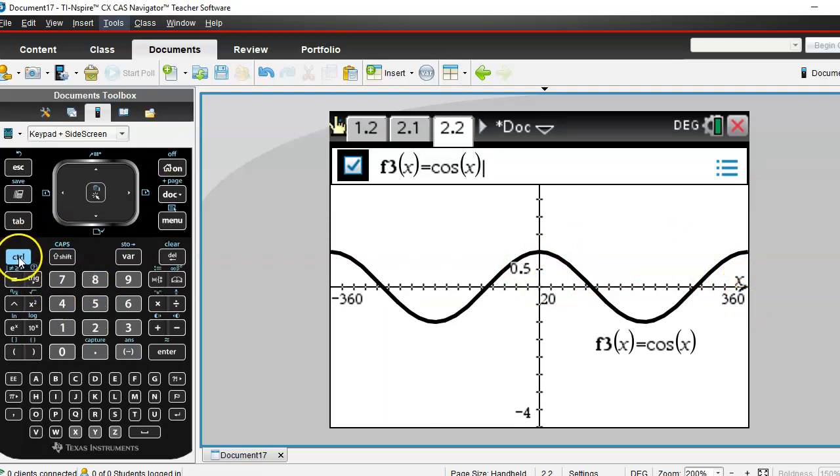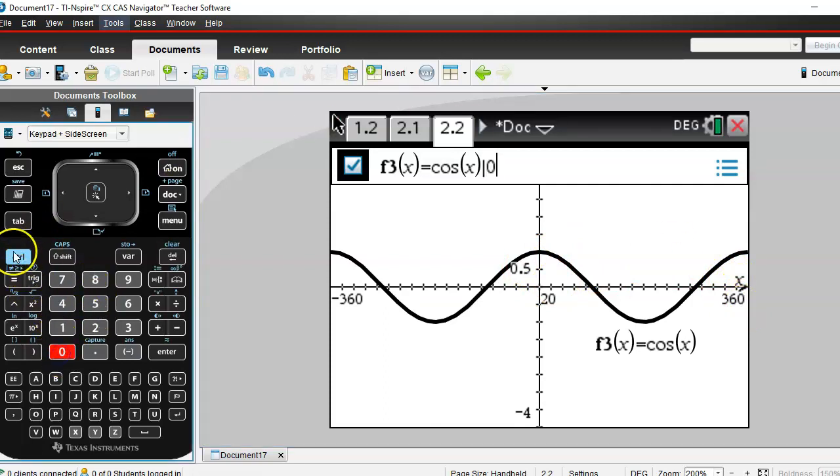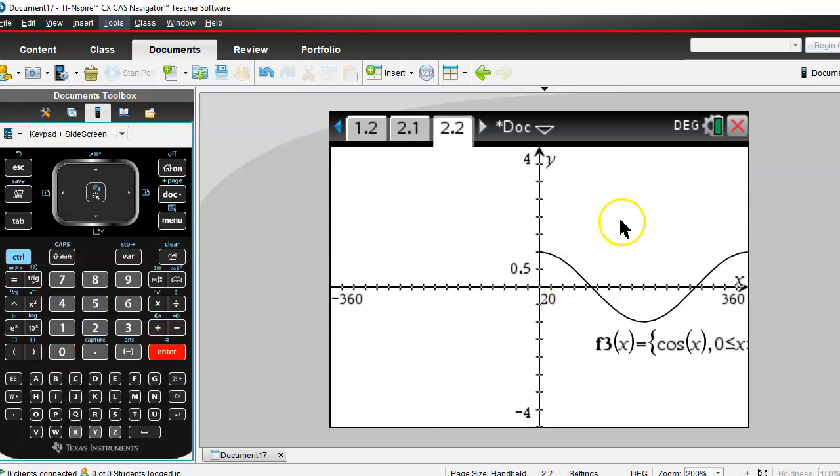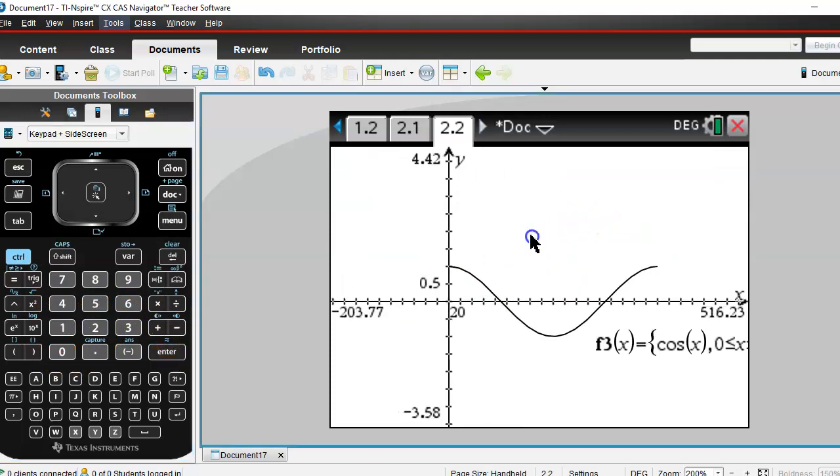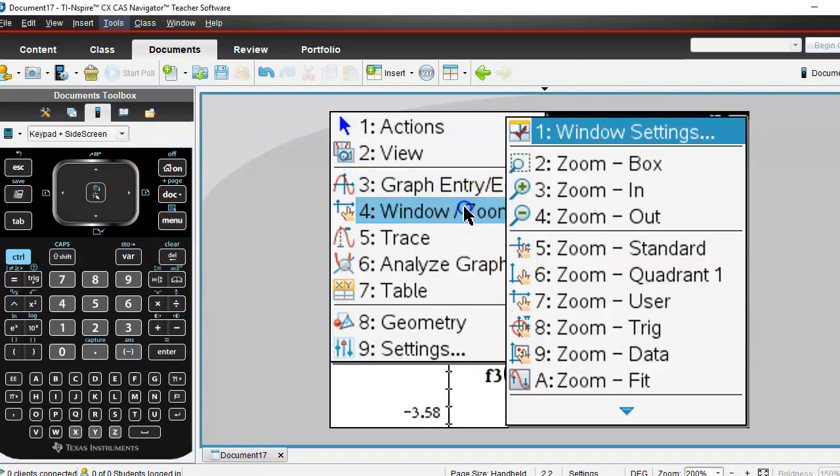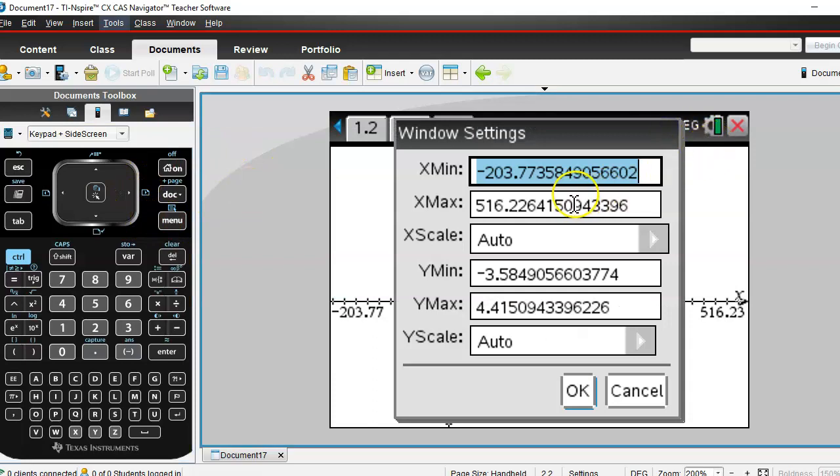Okay, that makes sense. So x, Control equals, so you can see we're forcing it that x is only between 0 and 360. Enter.